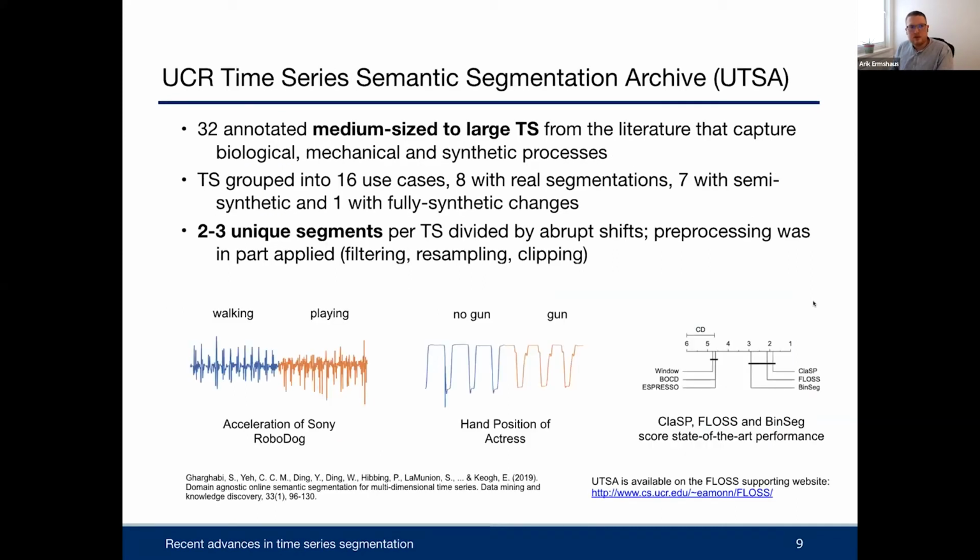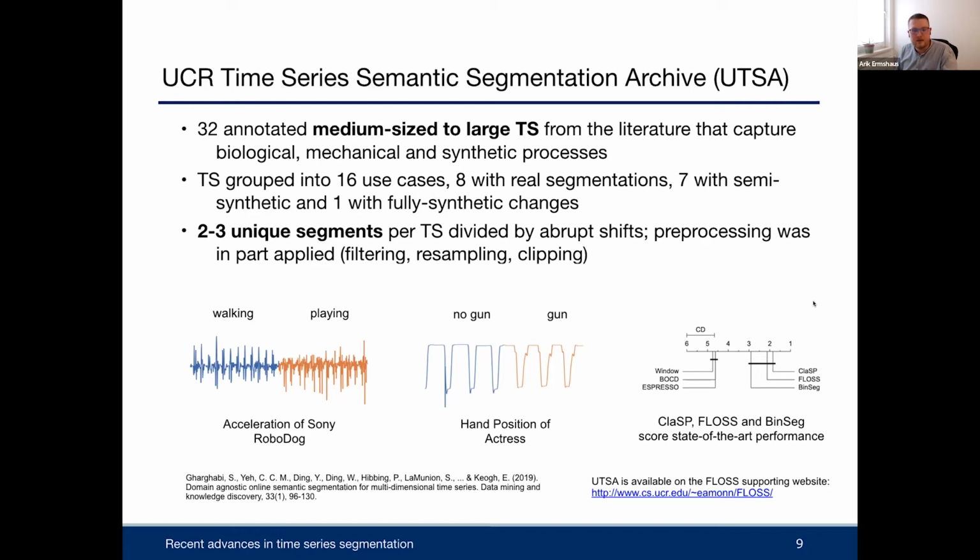Then I want to briefly talk about three segmentation benchmarks, because aside from the algorithmic standpoint, it's really important to have large and high quality benchmarks to measure the progress of the time series segmentation community. This is very much the case for anomaly detection now, and for time series classification for a way longer time.